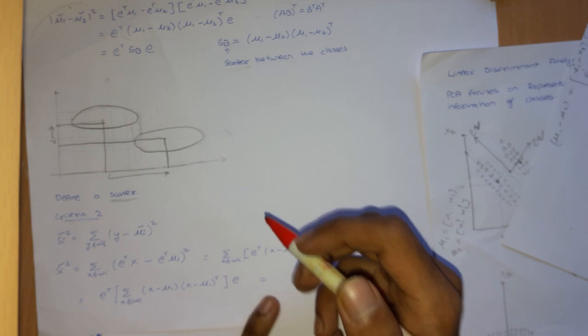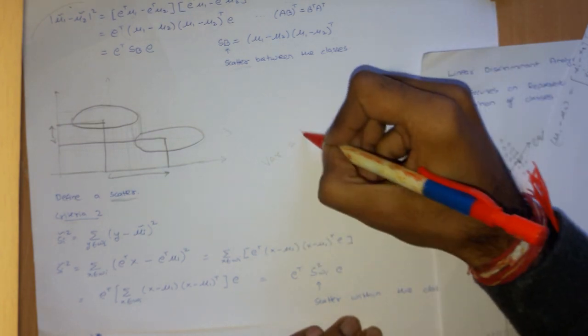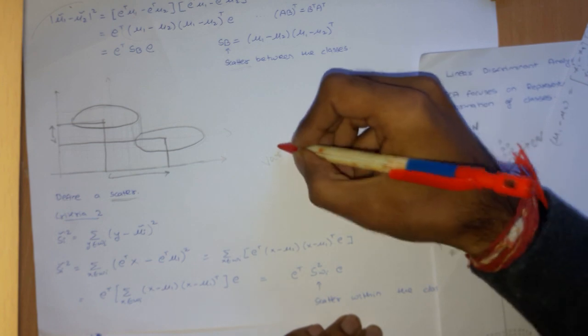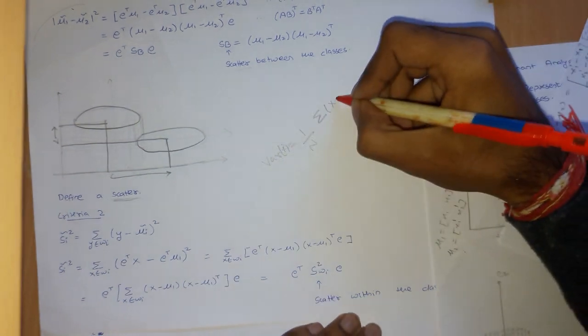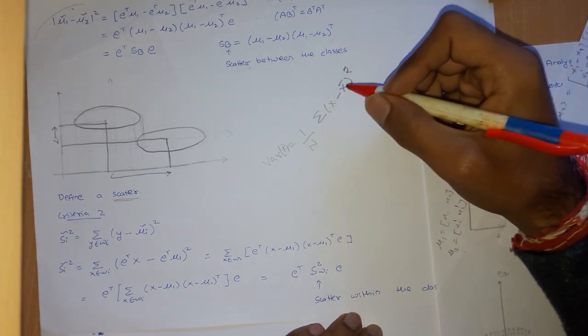So you can see that in our variance equation, the variance of x is x minus x bar the whole square. This is what we write as variance, right?